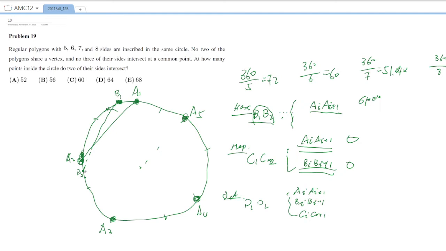Normally there is 1 point for each segment, but there must be a point within the same segment. If 2 points are within the same segment, you can see there is no intersection here, because if you draw the chord of this and the chord of this, there are no intersections.